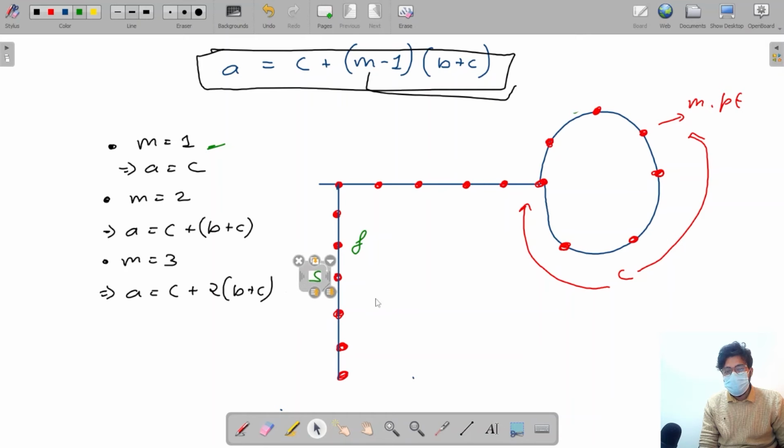Again slow 1 time, fast 2 times. We repeat this step by step.